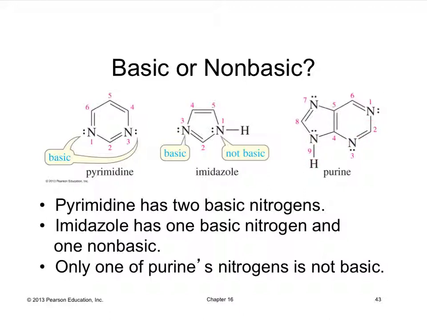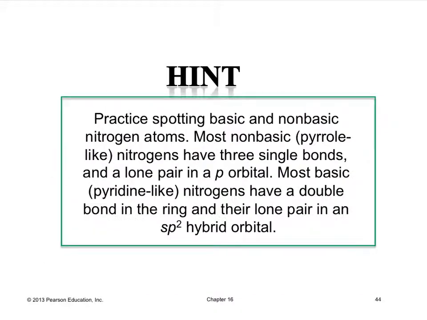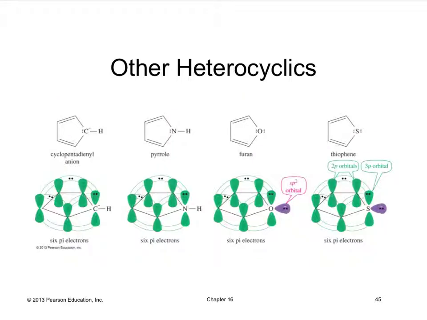So all of these are basic, which means that these electrons are not part of the pi system that leads to their aromaticity. So an important thing to note is that most non-basic or pyrrole-like nitrogens have 3 single bonds and a lone pair in a p orbital, while most basic or pyridine-like nitrogens have a double bond in the ring and their lone pair in an sp2 hybrid orbital.